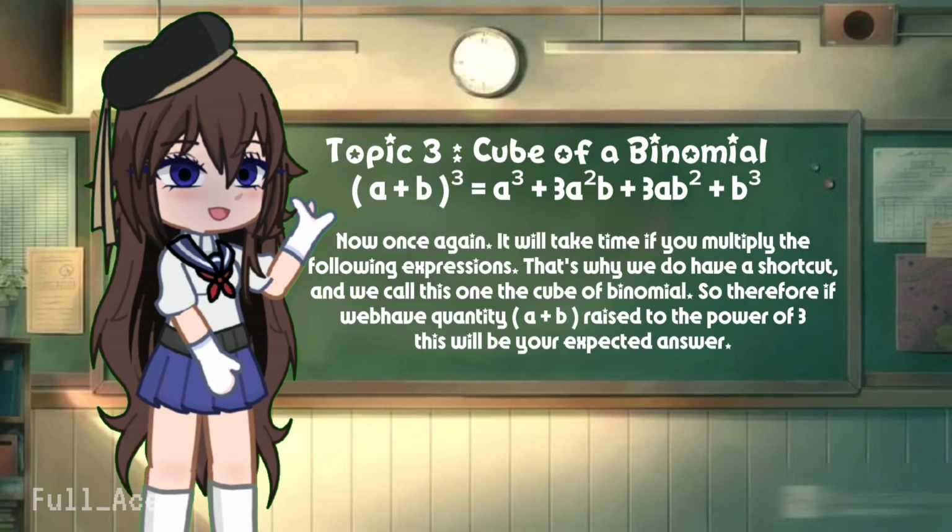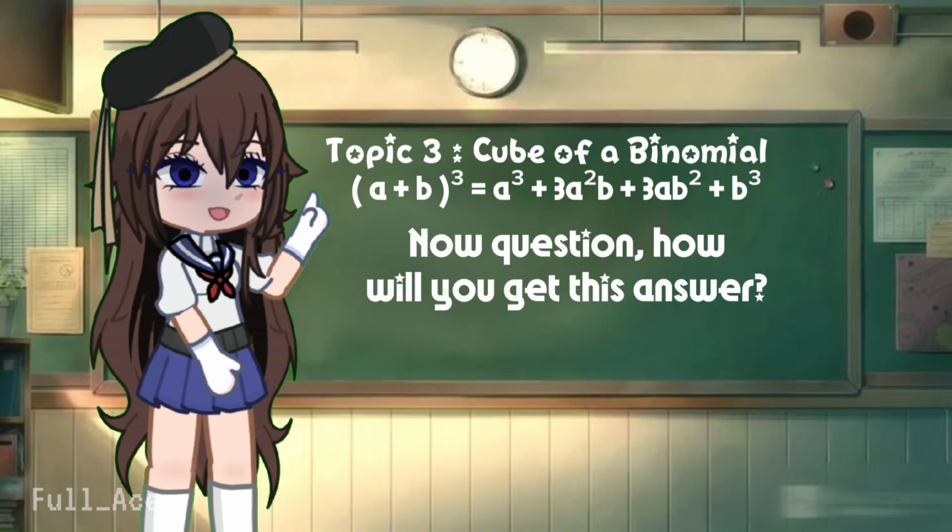Once again, it will take time if you multiply these expressions out. That's why we have a shortcut, and we call this the cube of a binomial. So if we have the quantity a plus b raised to the power of 3, this will be your expected answer. Now question, how will you get this answer?